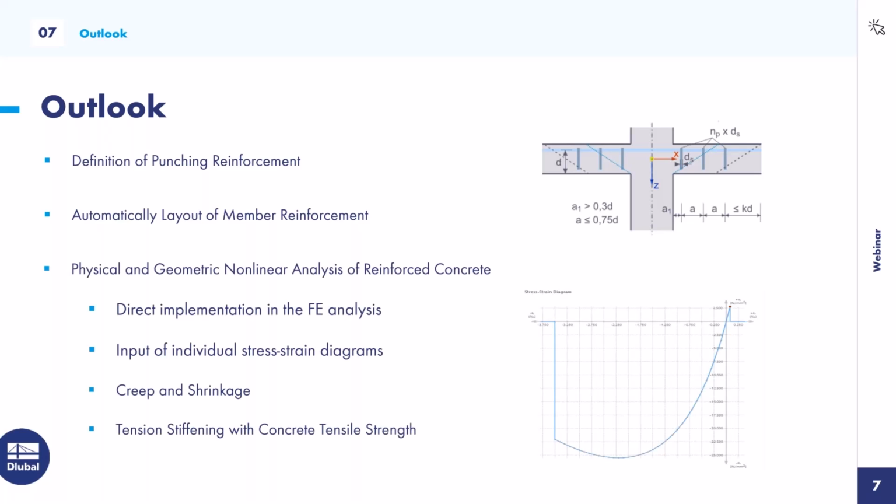The next feature which I want to present to you is a very big development in our company, the physical and geometrically nonlinear analysis of reinforced concrete. We have here a completely new concept, and with this new concept, the calculation is directly implemented in the finite element calculation of RFEM.